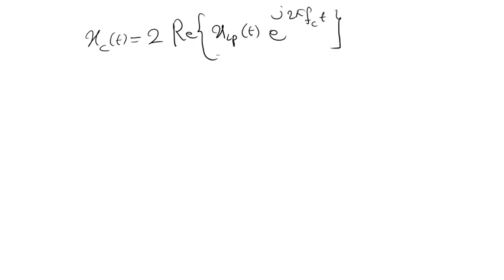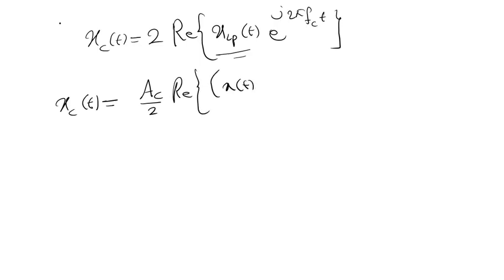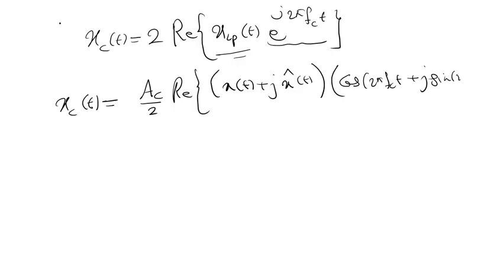If I substitute X low pass(t), we will have x_c(t) equals A_c over 2 times the real part of (x(t) plus j x hat(t)) multiplied by, using Euler, (cos(2π f_c t) plus j sin(2π f_c t)).